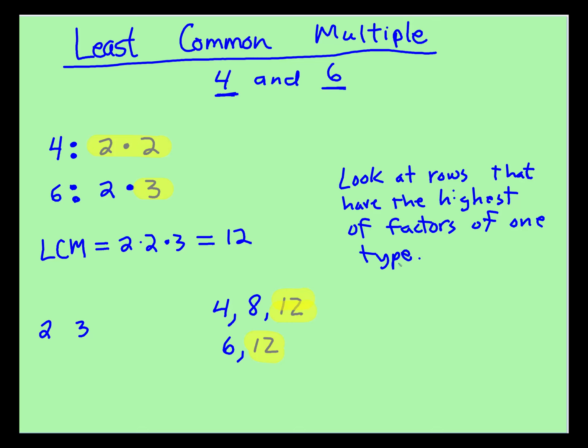And you do that for each factor. So here we only have factors that are 2 and factors that are 3. In one row we have 2 times 2. That's the row that has the most. And then there's the one row that has a 3. And then you multiply those numbers together.